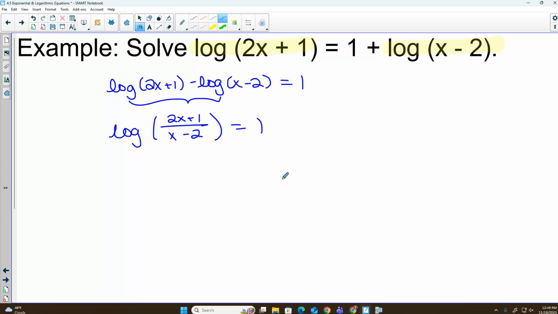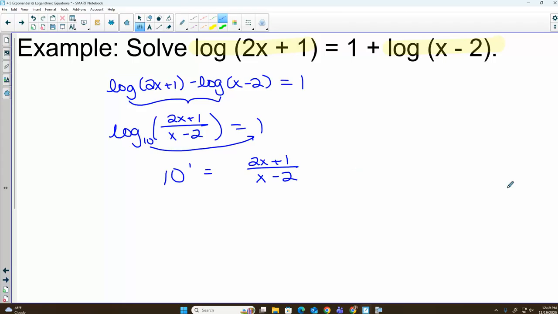What do we do? Exponential. If there's not a base written, what do we assume? It would be 10 to the first equals 2x plus 1 over x minus 2.